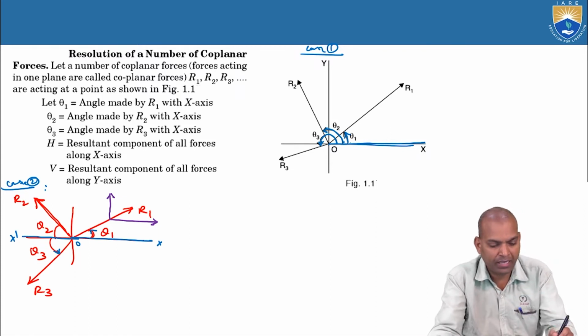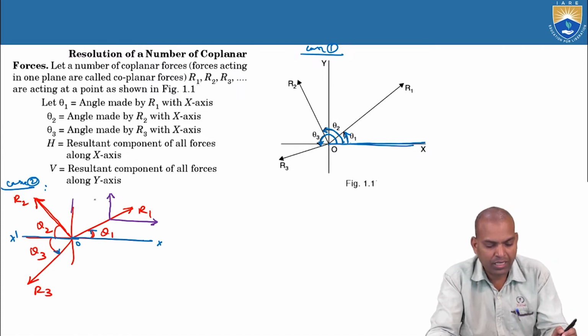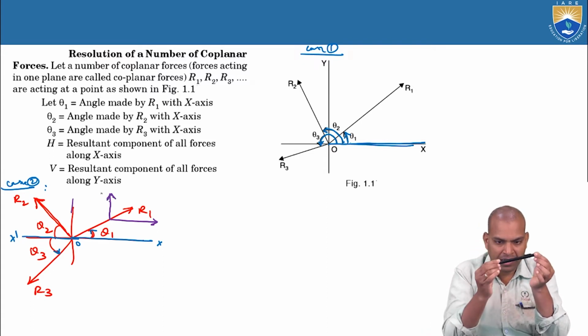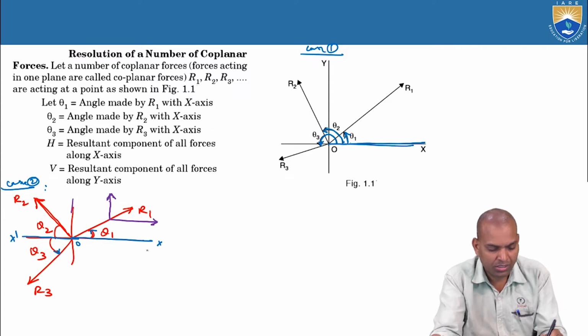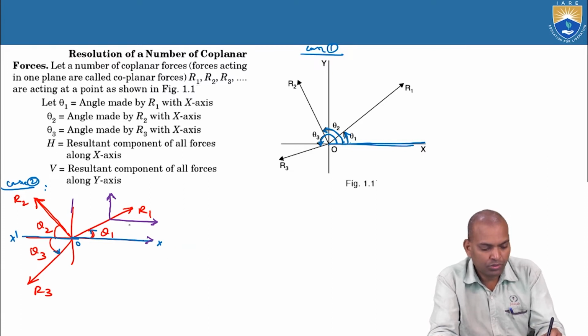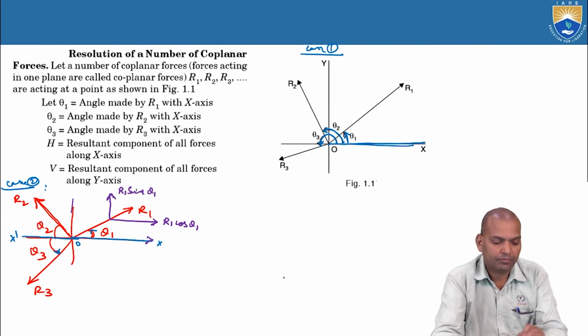We have drawn a parallel line, a vertical line upwards. Wherever I am making the angle, the direction moves towards the OX direction. Now this term becomes R1 cos theta 1, and this term becomes R1 sin theta 1.